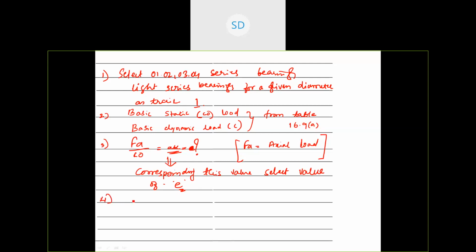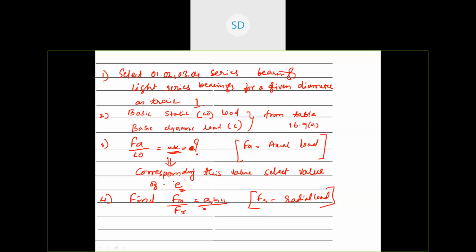Fourth step, find the ratio of FA divided by FR. FR is the radial load. You get a value here.